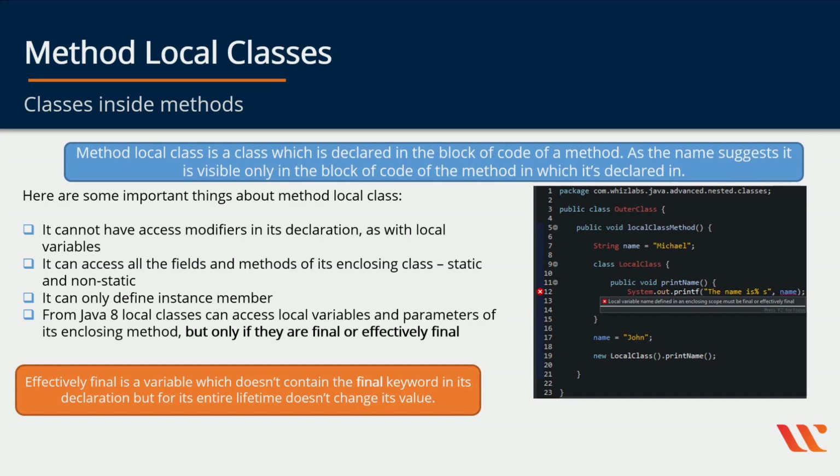Local variables exist only for the lifetime of the method in which they are declared, so using them inside the method local class or anonymous class, which we will learn later, we'll be forced to make a copy of the variable inside that class. So changing the original value may lead to an error, as the copy inside the local class is having a different value from the real one. Yeah, I know, it's hard to understand.